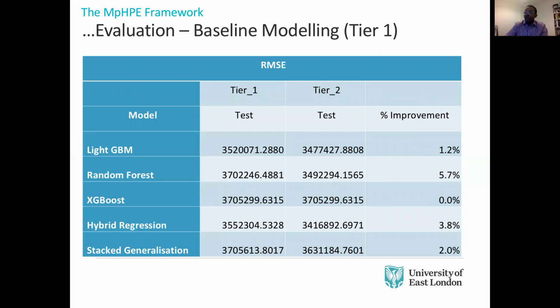This slide then shows that for the baseline models, random forest has shown the most improvement from tier 1 to tier 2. And this validates the fact that an introduction of new variables in taking a cumulative approach improves the accuracy of the models.